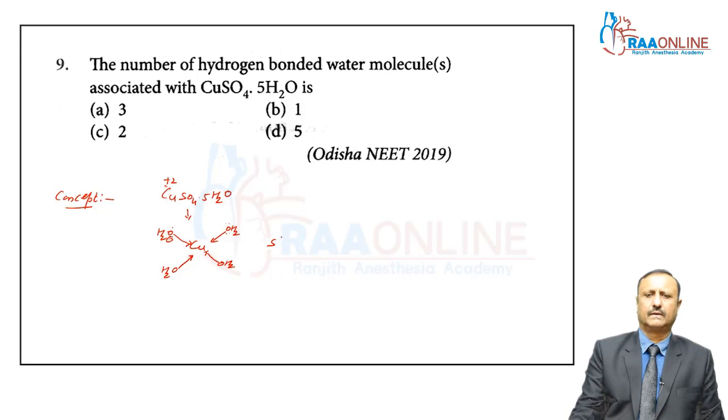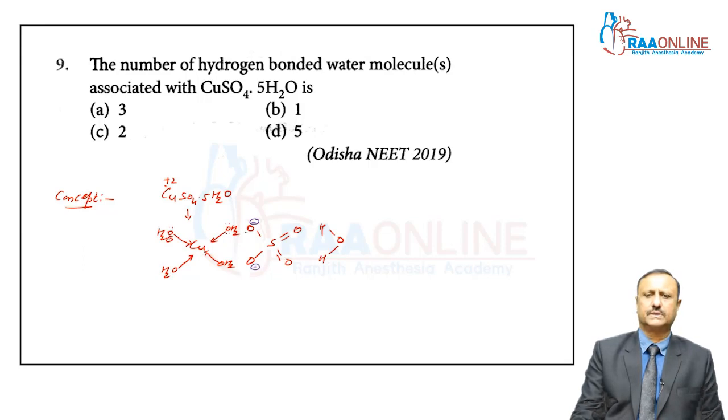Now we can see the sulfate, SO4, is present, and 1 molecule of water is remaining. So my dear students, you can see here one molecule. Here this is the minus charge, and here this is the minus charge present.